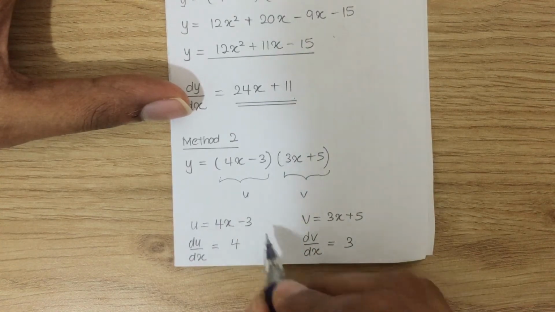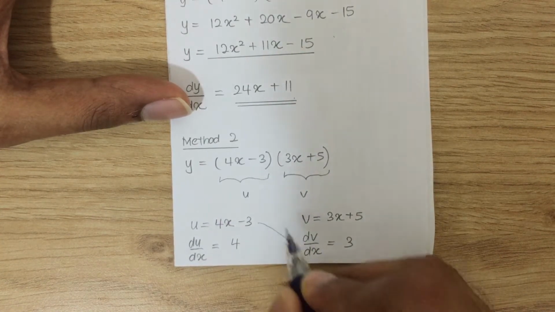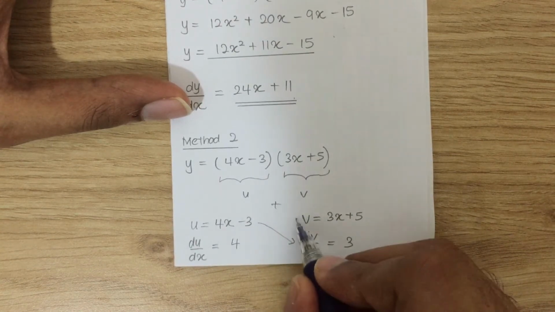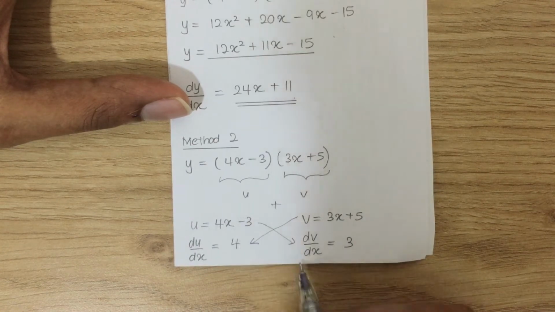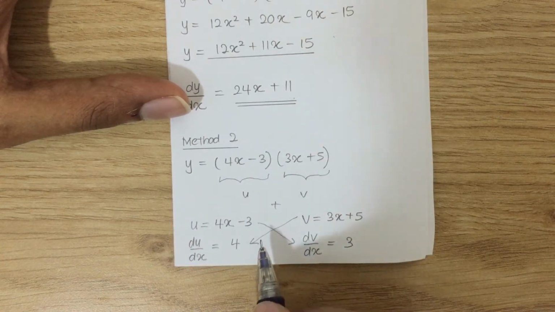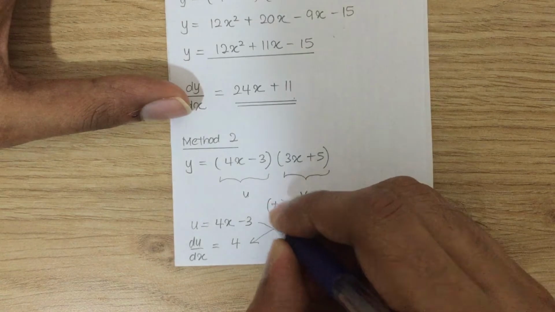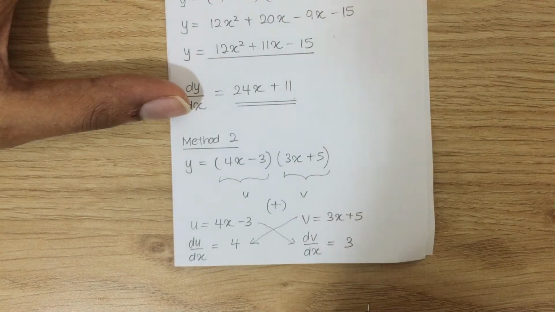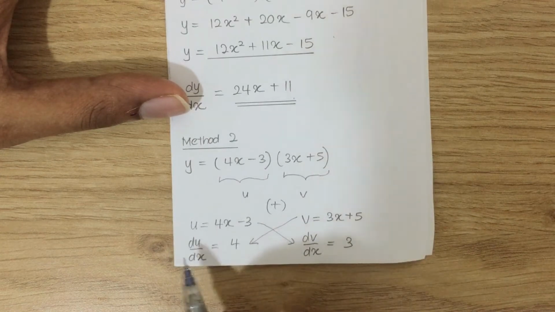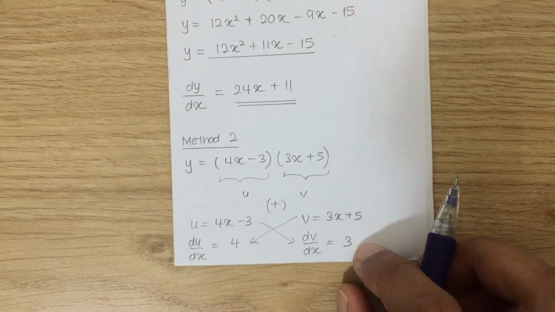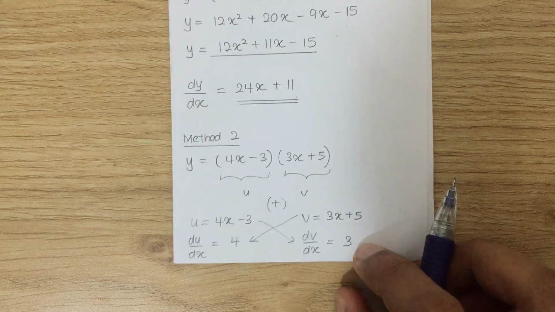So u times dv over dx, and then you plus v times du over dx. Okay, so you cross multiply and then you add them together. So let me copy down the working in the next page. Okay, so please hold on.